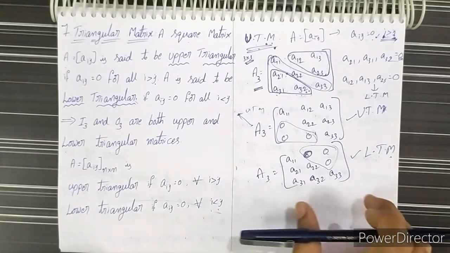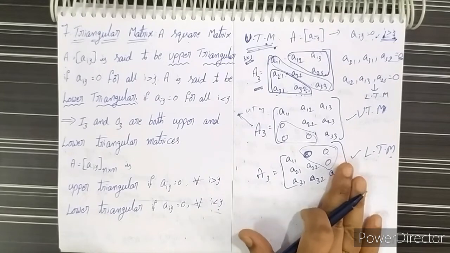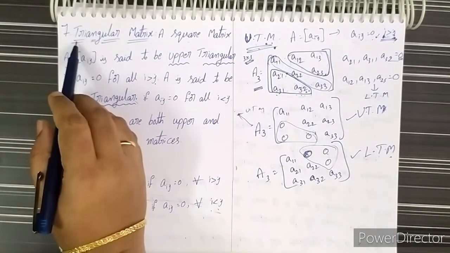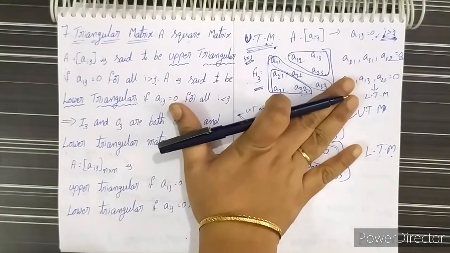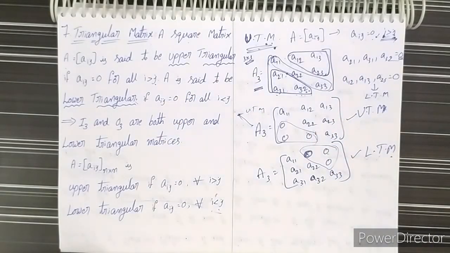Third is scalar matrix. Fourth is unit matrix. Fifth, null matrix. Sixth, row matrix and also column matrix. And finally, the seventh is triangular matrix. All these types are most important for further procedure in the matrices chapter.